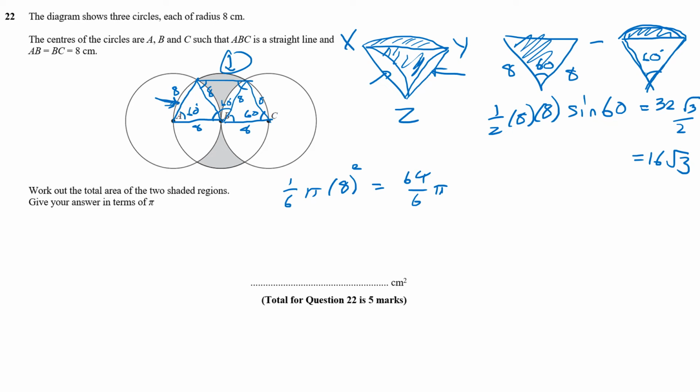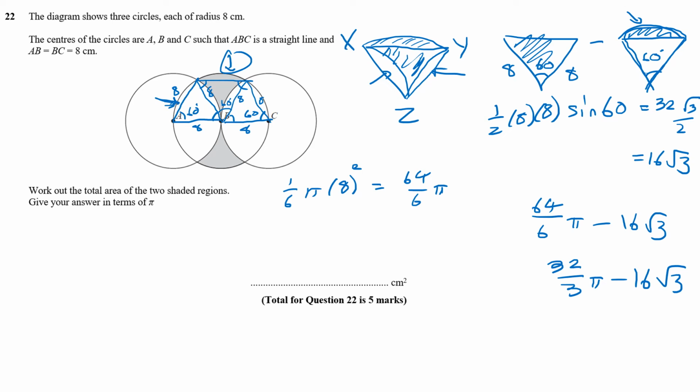So the area of the tiny part up there is going to be that 64 over 6 pi, subtract the area of the triangle, which was 16 root 3. 64 over 6 pi simplifies to 32 over 3 pi. So we'll leave it as that for now.